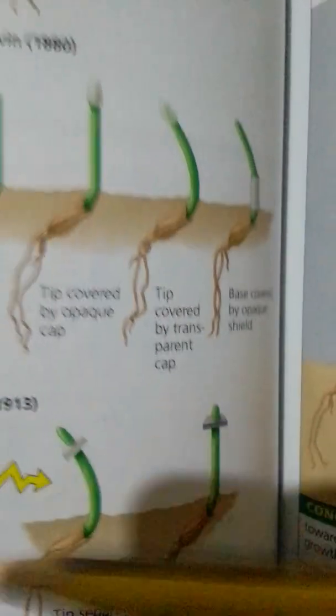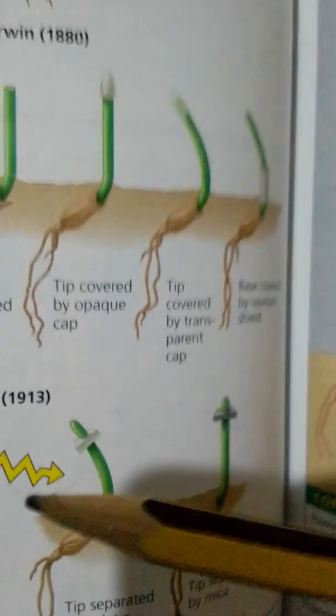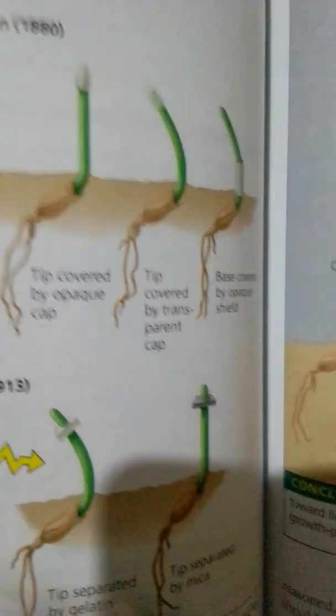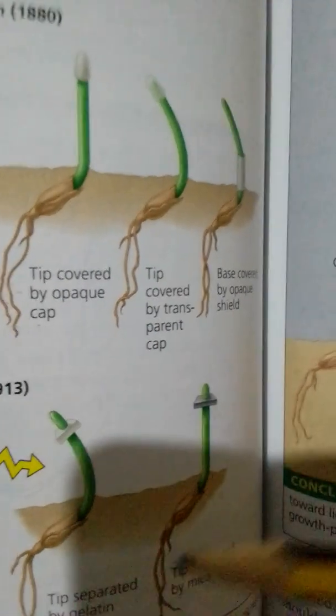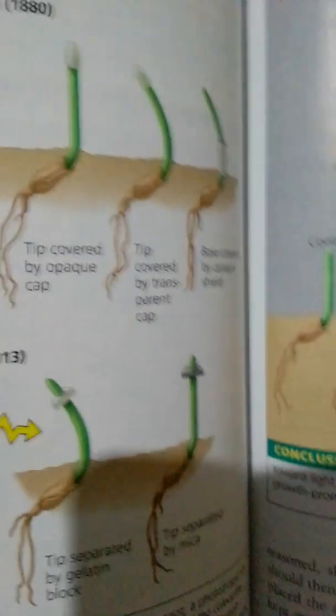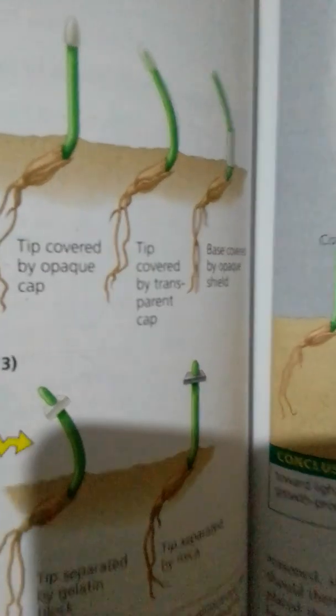Boysen-Jensen observed that a phototropic response occurred if the tip was separated by the permeable barrier gelatin, but not if separated by an impermeable solid barrier, a mineral called mica. This result suggested that the signal is a light-activated mobile chemical.